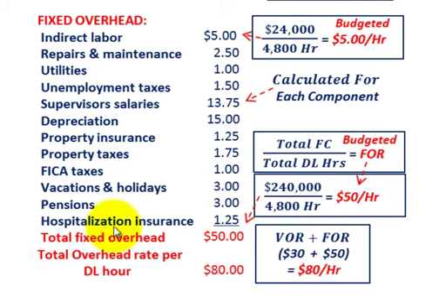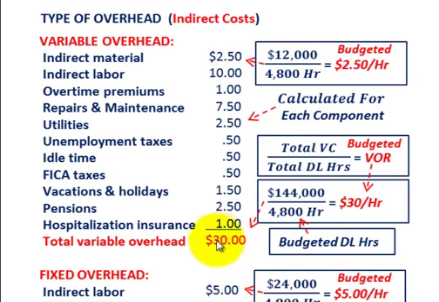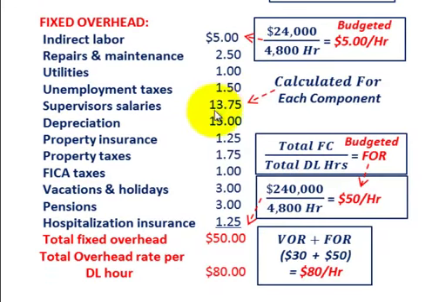We broke it out here. The variable component, our variable overhead, was sitting at $30 per hour. So for every direct labor hour, $30 is charged against your total variable overhead. Then our fixed overhead was $50 per hour.